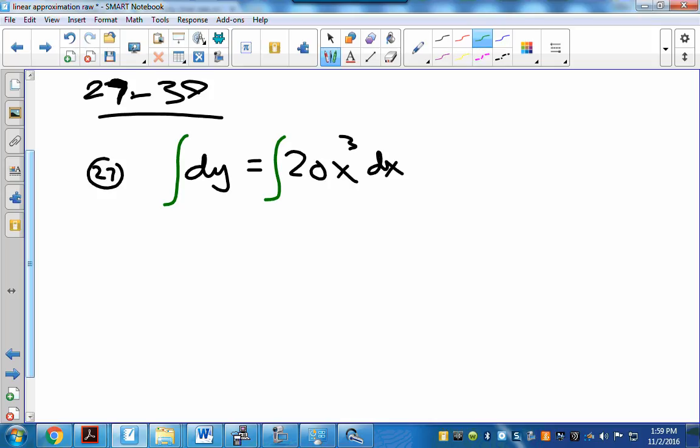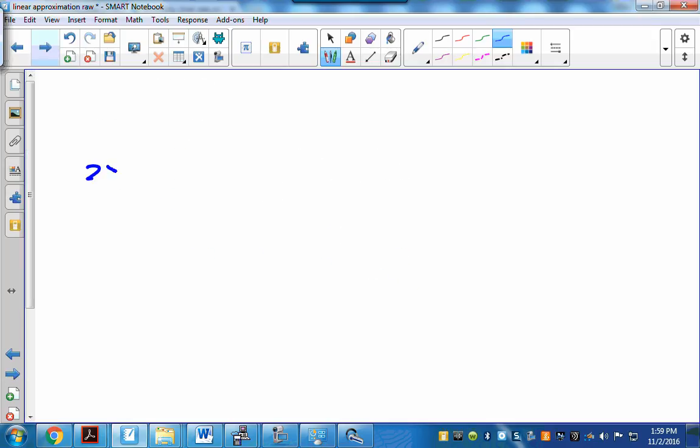This is y. That just works out to be y. And this says, give me the antiderivative of 20x cubed, which is 5x to the fourth. Now, we're going to have some very specific ways of doing this over the next couple of days, but any way you worked them out, I would have been happy.